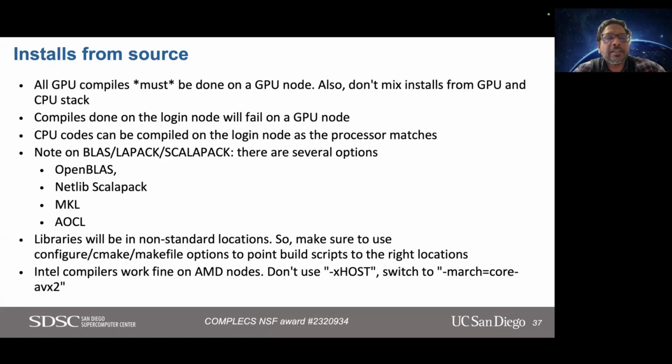The other thing to keep in mind is the libraries are all in non-standard locations. When you do a module show, you are looking at cm shared apps paths. That's not a standard location for these libraries. Often, if someone's developing on a standard Linux box, like say Ubuntu or Red Hat or Rocky Linux, you might use their package manager to install all the dependencies.